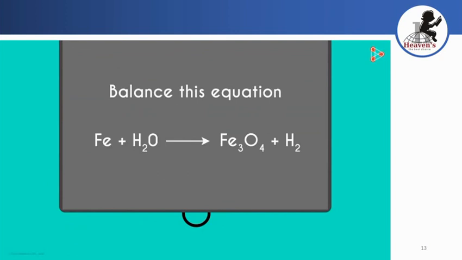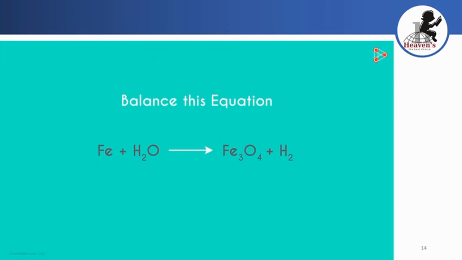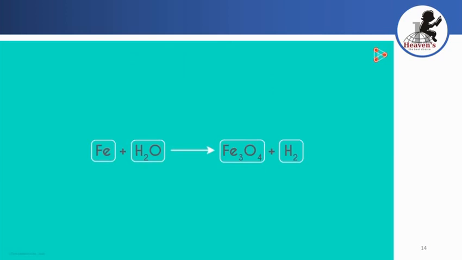One more equation: Fe plus H2O gives rise to Fe3O4 plus H2. Now balance the following equation. First we have to take the elements present in the equation: iron, hydrogen, oxygen.